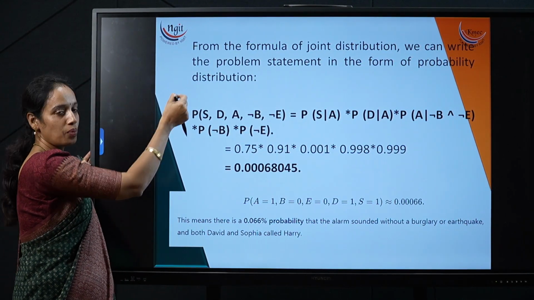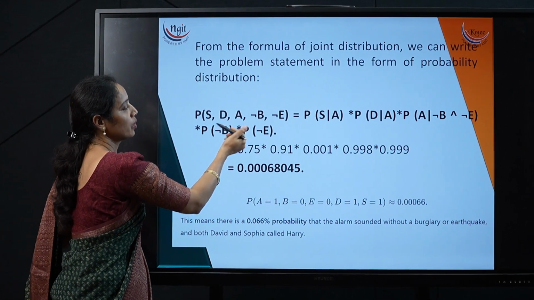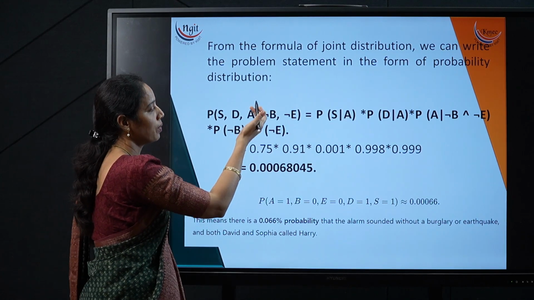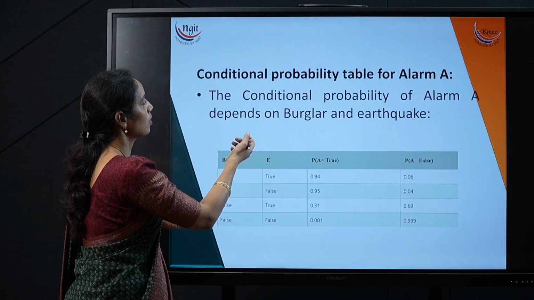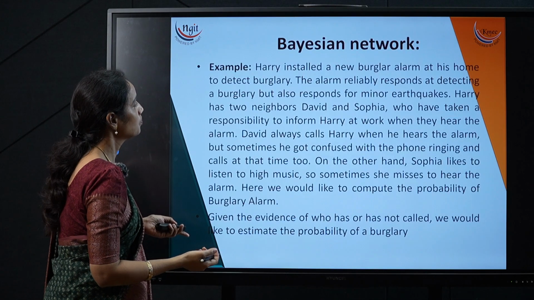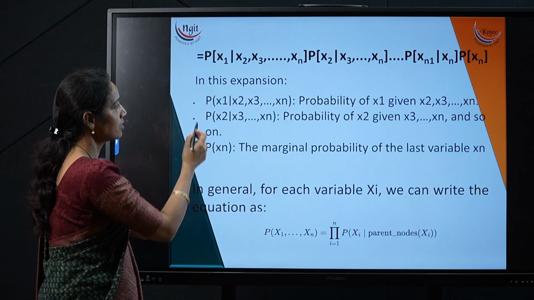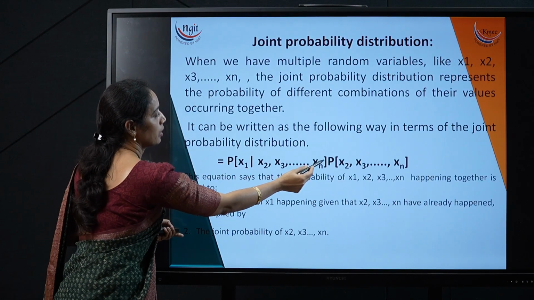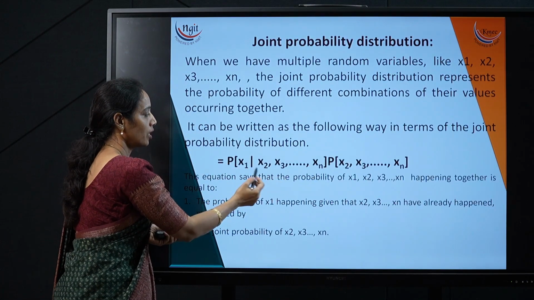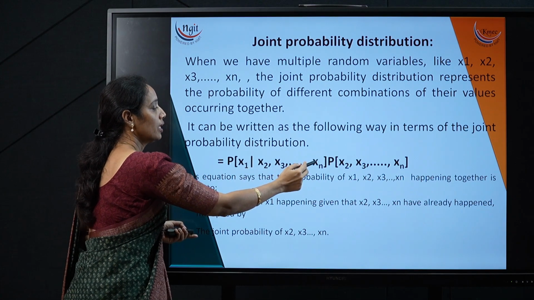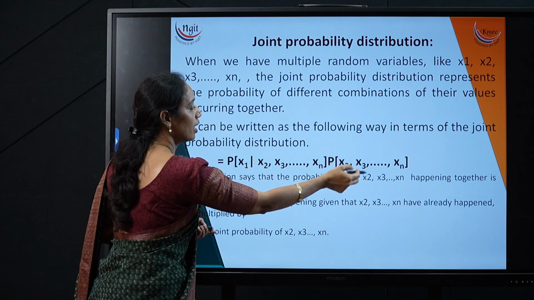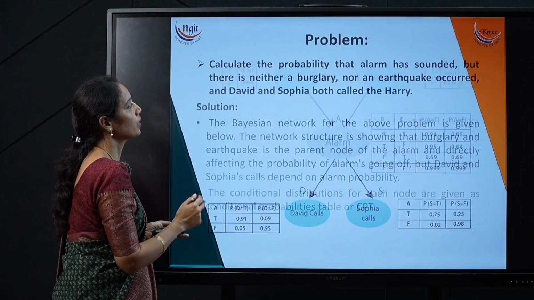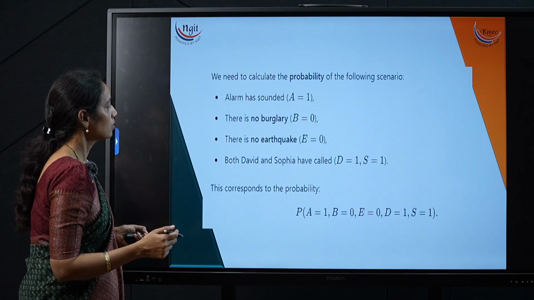So the problem we are going to convert into a probability distribution, and that is how we are going to expand that probability distribution. Just let me remind you of the previous one. Let me show it once again. See here how we are going to divide this particular distribution. In the same way, probability of x1 given x2 multiplied by probability of x2, like this we are going to solve the same way now for this particular problem statement.